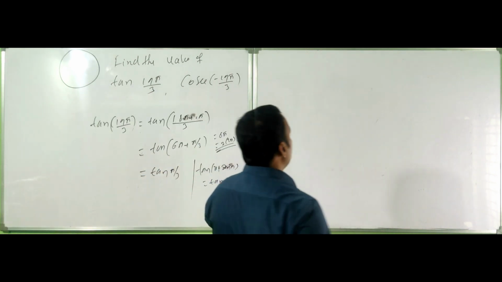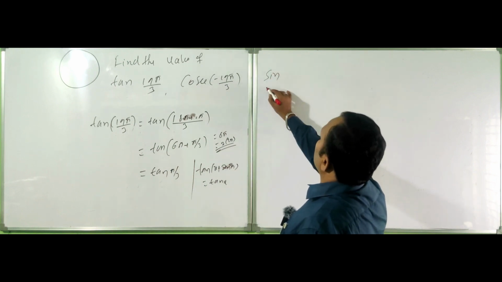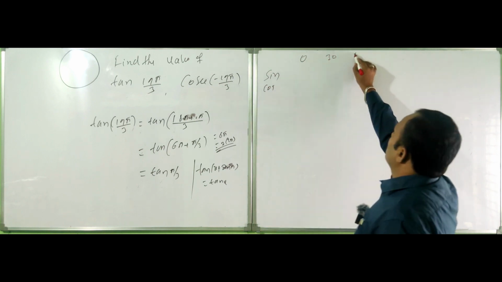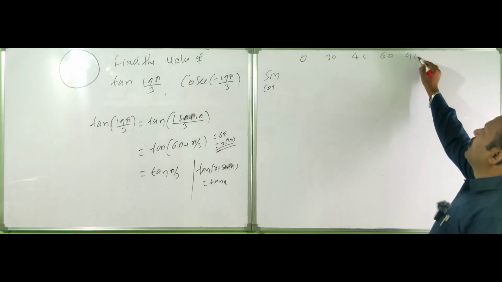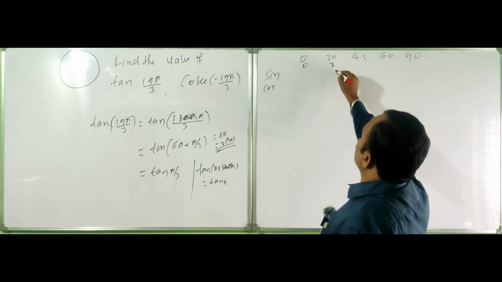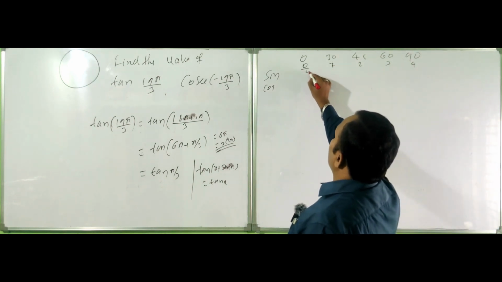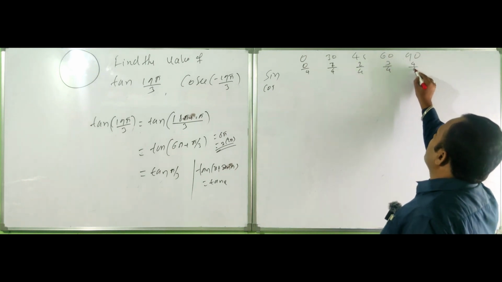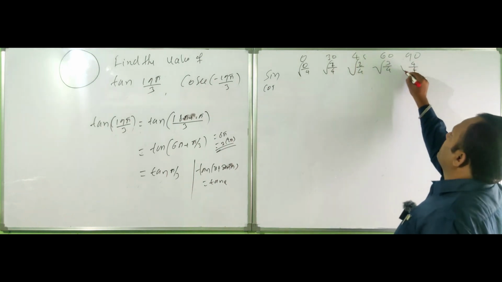Pi by 3 means, this is the angle 0, 30, 45, 60, 90. This is the sine row: 0, 1, 2, 3, 4, each divided by 4, take the square root.